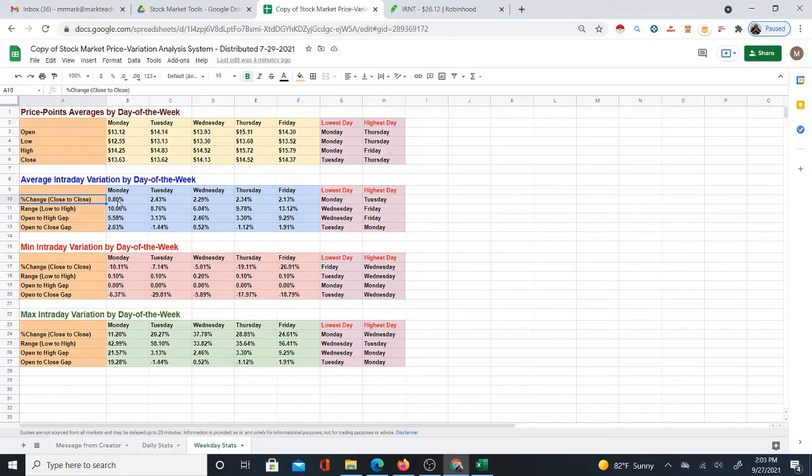You can see for the percent change, Tuesday has the highest average percent change of all the days of the week, meaning the highest change from the previous trading day. So from Monday to Tuesday we have a 2.43% increase on average, right? So putting all that together makes me say, well, there seems to be a general tendency for this stock to increase in price from between Monday and Tuesday.